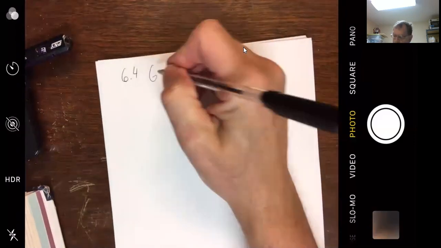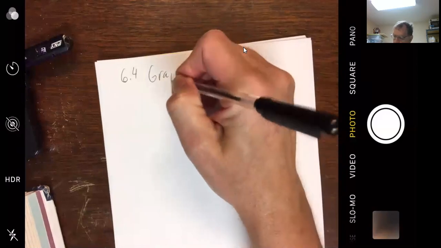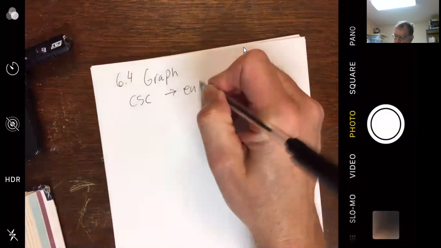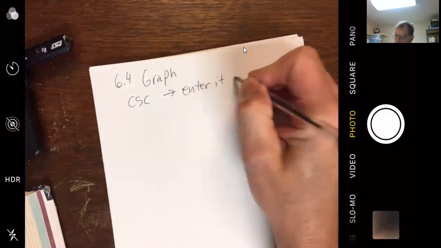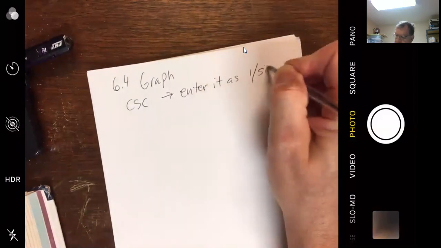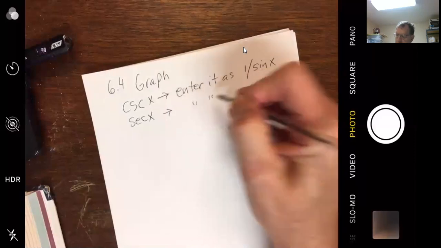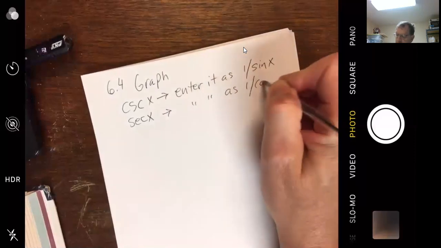So you're going to graph cosecant, and you're going to enter it as 1 divided by sine. Cosecant x, 1 divided by sine x. Secant x, you'll enter it as 1 divided by cosine x.